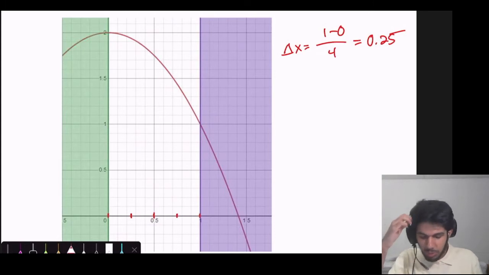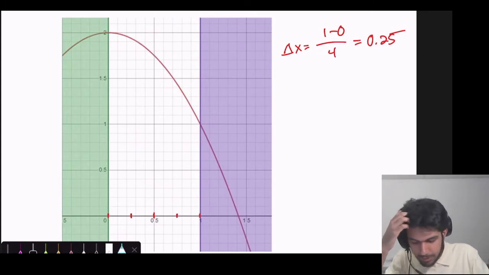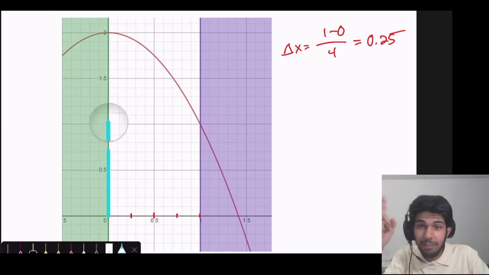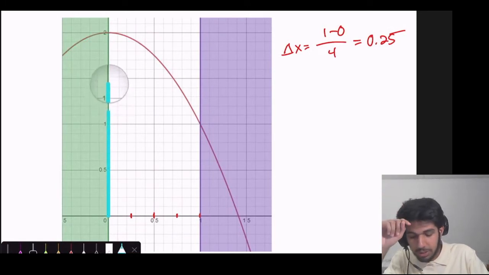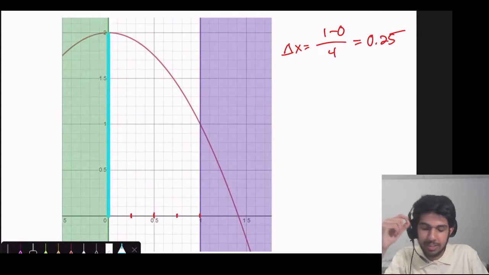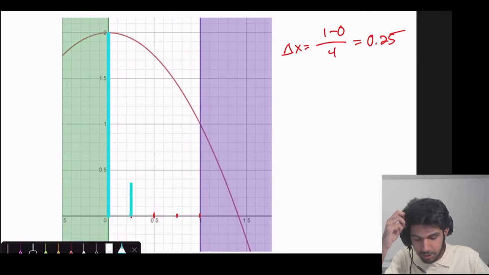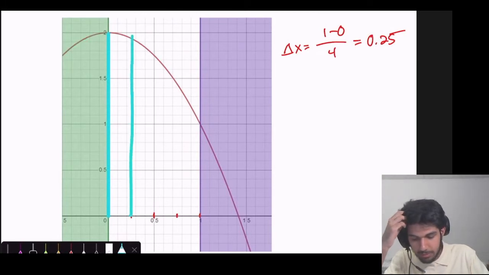Okay, so we want a left Riemann sum. Starting at 0, we can go up, and we want the left-hand corner to reach the function. So we're drawing the left-hand side right now, and boom, at 2, we hit the function. So the other side of the rectangle should have the exact same height.